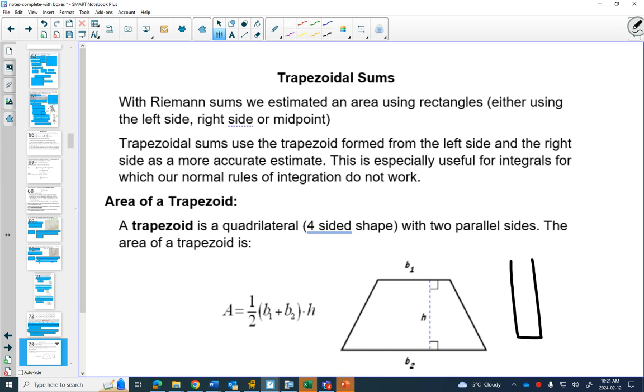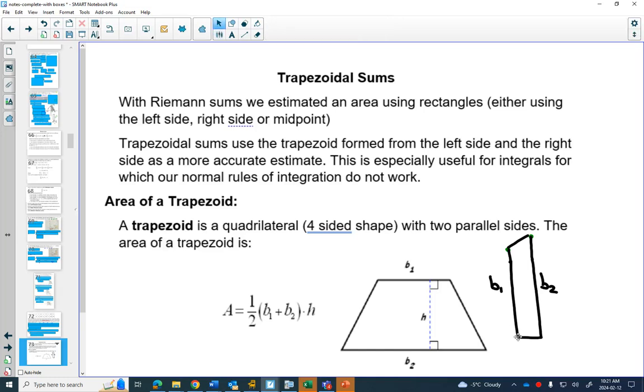But now we're just going to say if one endpoint was here and the other endpoint was there, I'm going to have a trapezoid where these are my two parallel sides, so this will be base 1 and base 2, sort of turned on its side. You see it's the same shape, but now it's flipped on the side.